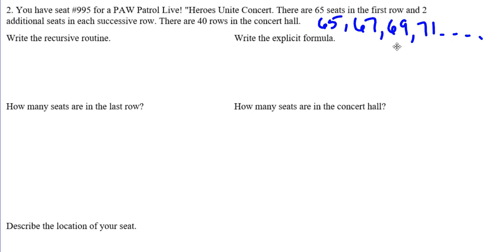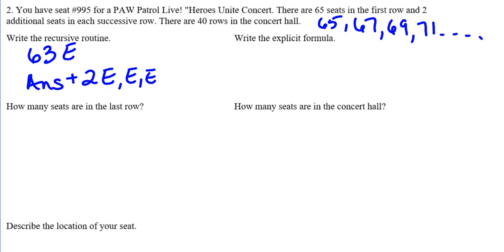Well, 65, 67, 69, those are all adding 2. So I have to go back 2 from where I was to write my recursive routine, which would be 63. So my recursive routine is 63, enter, answer plus 2, enter, enter, enter. Therefore, my explicit formula, any number in the sequence, a sub n, would come from 63 plus 2 times n.